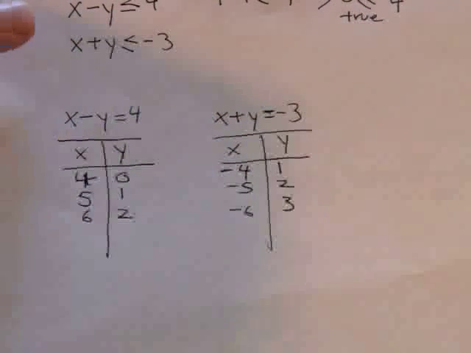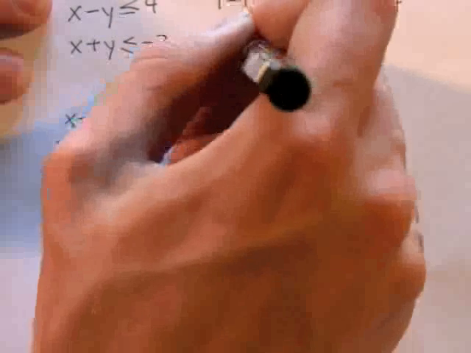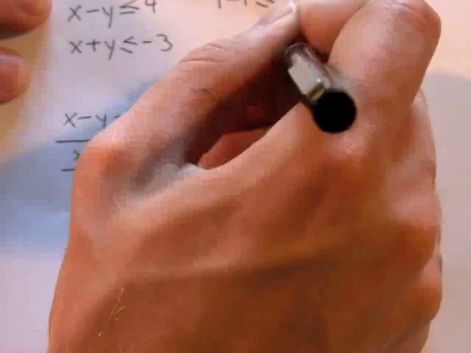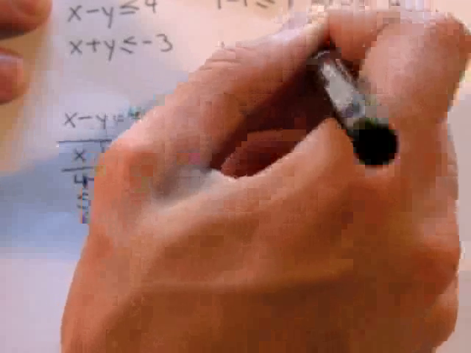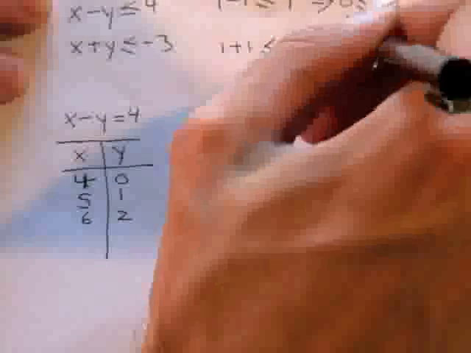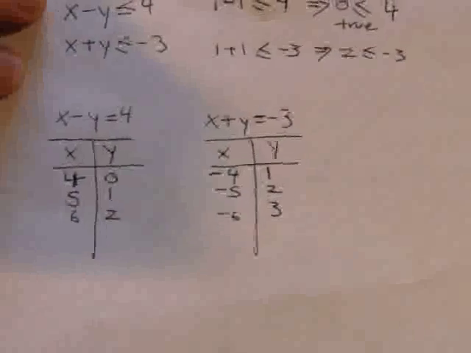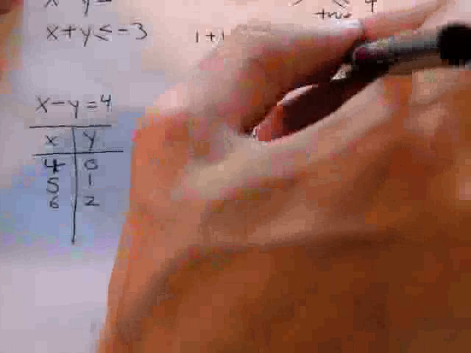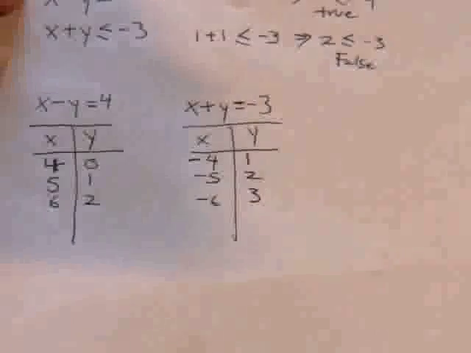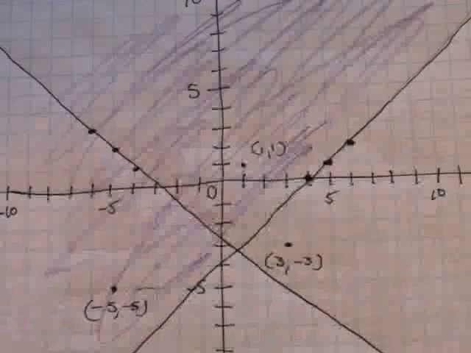Remember to look at this one right here. So first it was 1 and 1. 1 plus 1 is less than or equal to -3, and that becomes 2 less than or equal to -3. That's a false statement. That's not true. So what we figured out with that is that this bottom half does not have the solution set, so that would mean the top half is true.